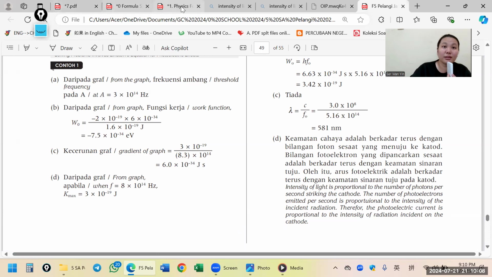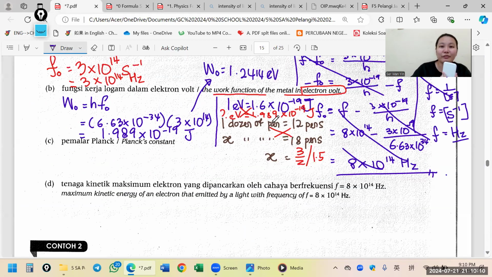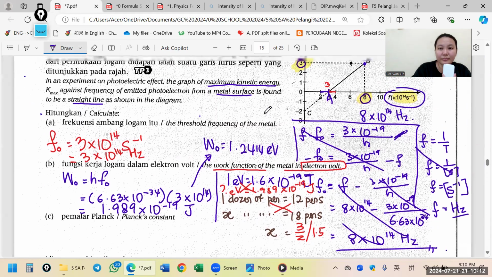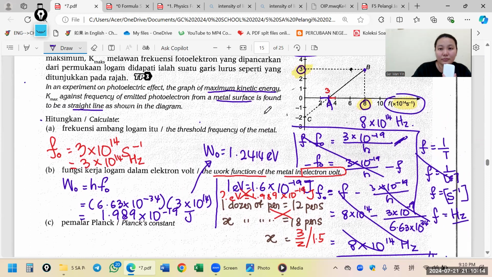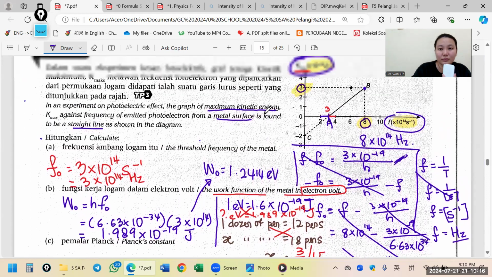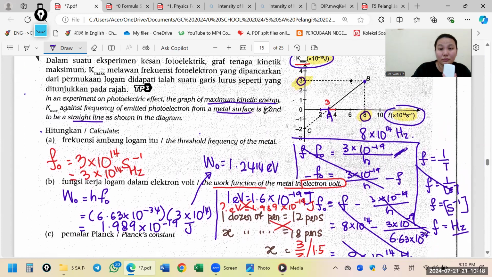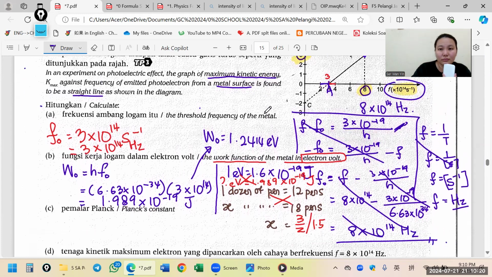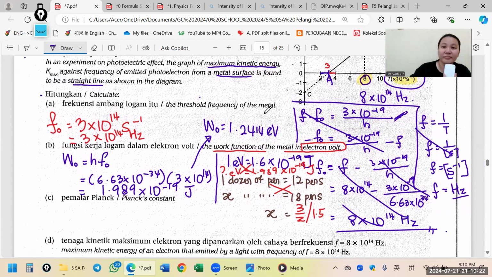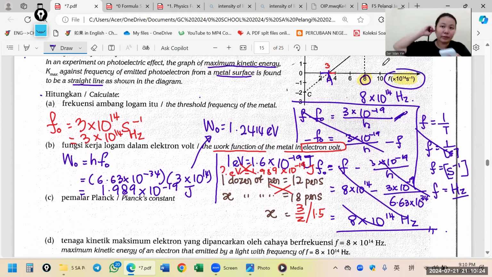Right, from the graph, since we got work function. Sorry. And what function is here? Not hf, right?